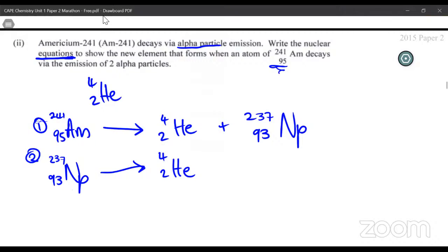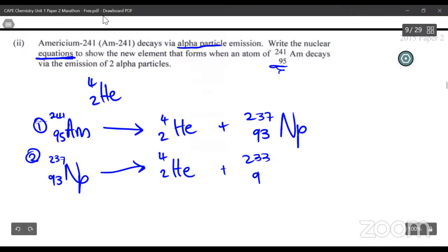I'm going to continuously try to drill this in your heads. What plus 4 is equal to 237? And that's 233. And then you want to ask yourself, what plus 2 is equal to 93? And that's 91.